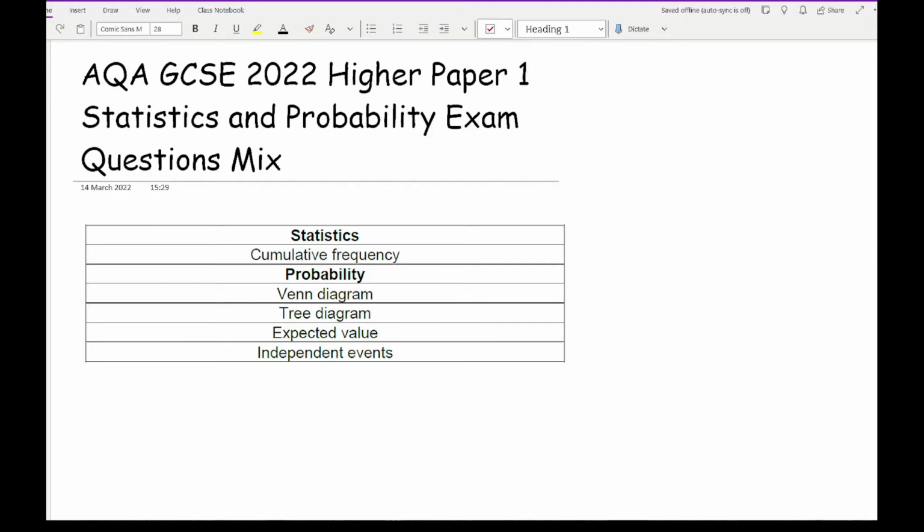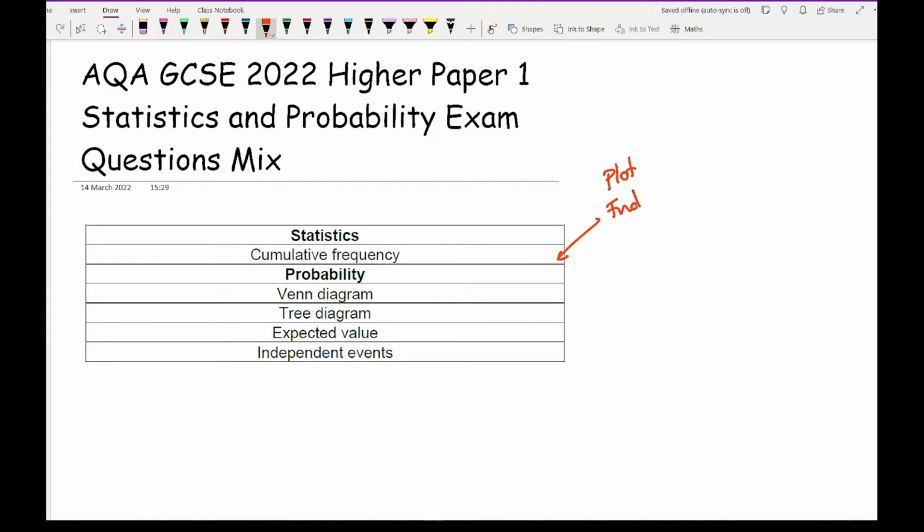So in terms of cumulative frequency, I would say the key things that you need to be able to do is be able to plot, find interquartile ranges and find the medians. You then want to be able to compare two box plots and then be able to read information relating to less or more than values.